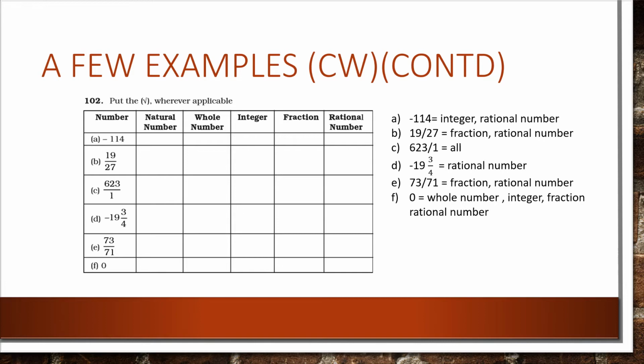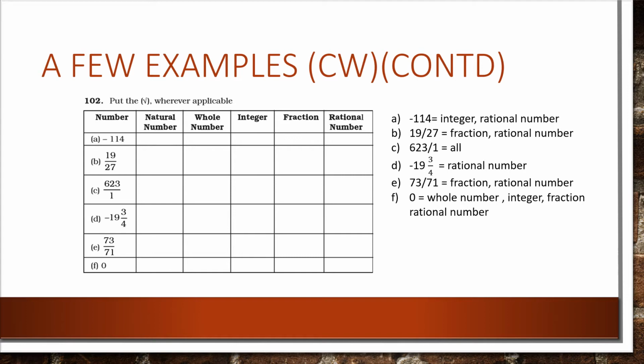-114. Is it a natural number? No, because when we count, we do not count by saying -114, right? So it's not a natural number. It's not a counting number. Is it a whole number? No, because whole number starts from 0 towards the positive side, not the negative side. Is it an integer?